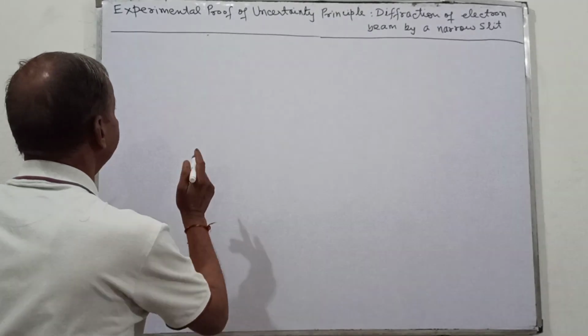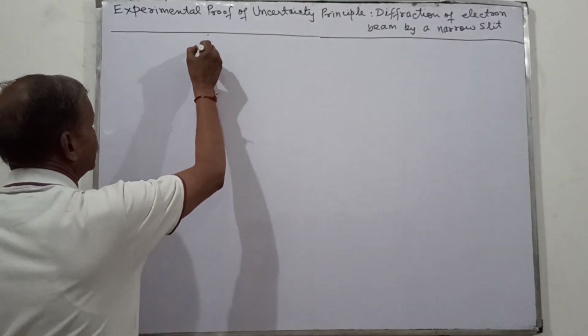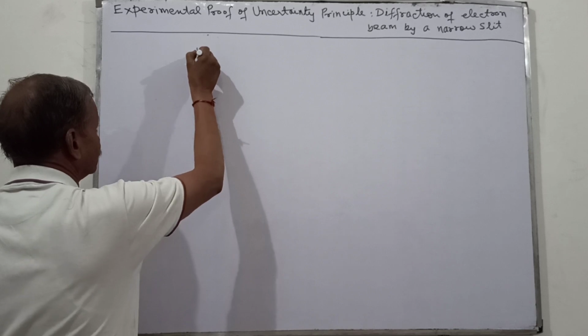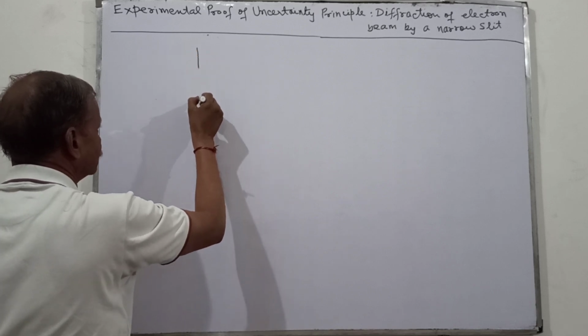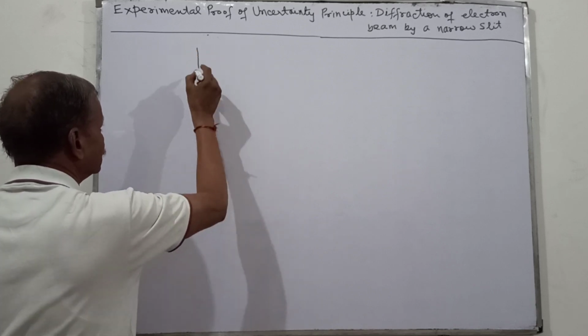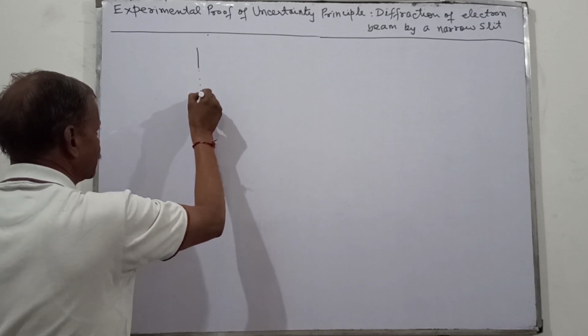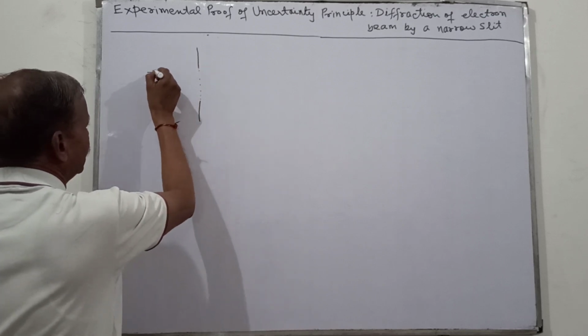So now let this be a narrow slit. This is the narrow slit. This is the electron beam.